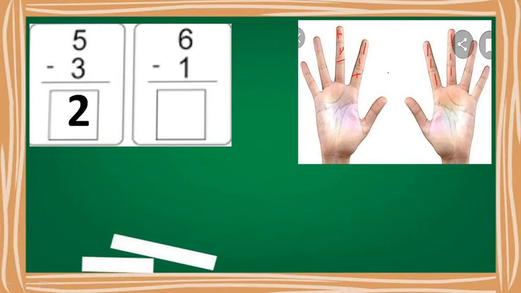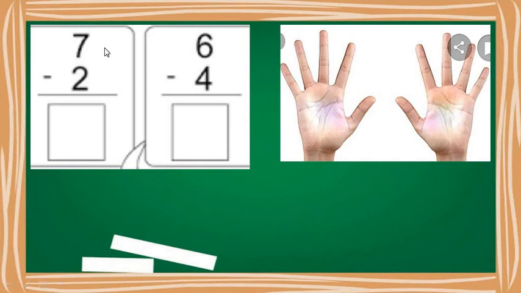So we have to cross out 1 out of these 6 fingertips. And now we have to count the remaining fingertips. Let's count it. 1, 2, 3, 4 and 5. So we can say that 6 minus 1 is equal to 5.